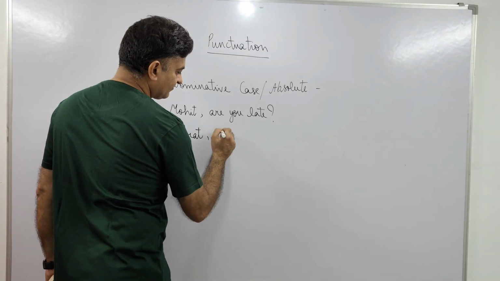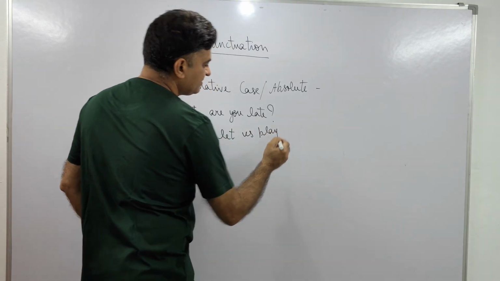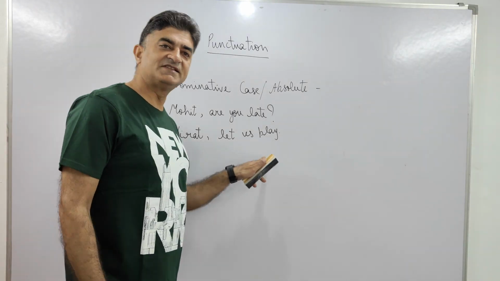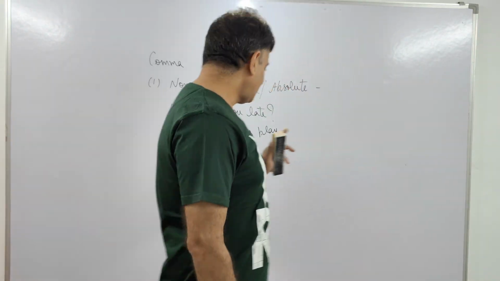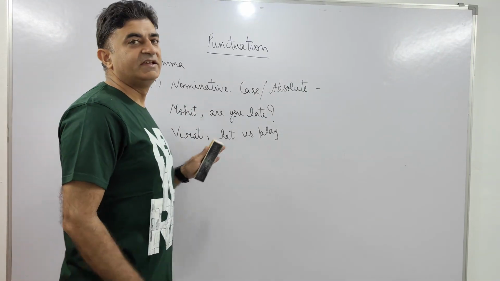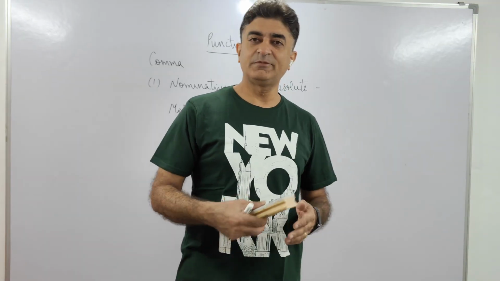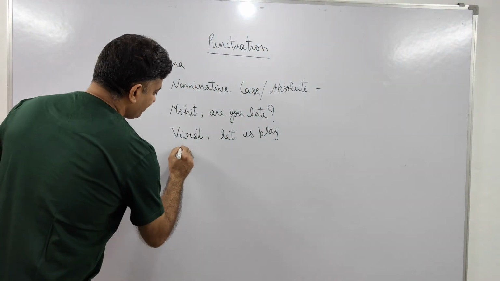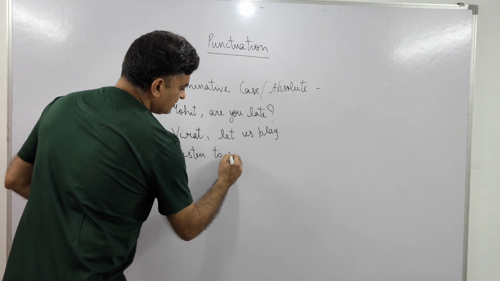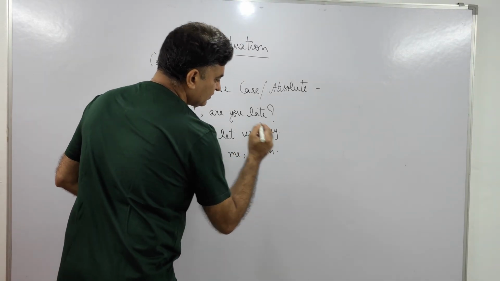Virat, let us play. So we are calling Virat and then saying, let us play. And this mentioning can not only be in the beginning of a sentence, it can also be at the end of the sentence as well. For example, if we say, listen to me, Rohan.